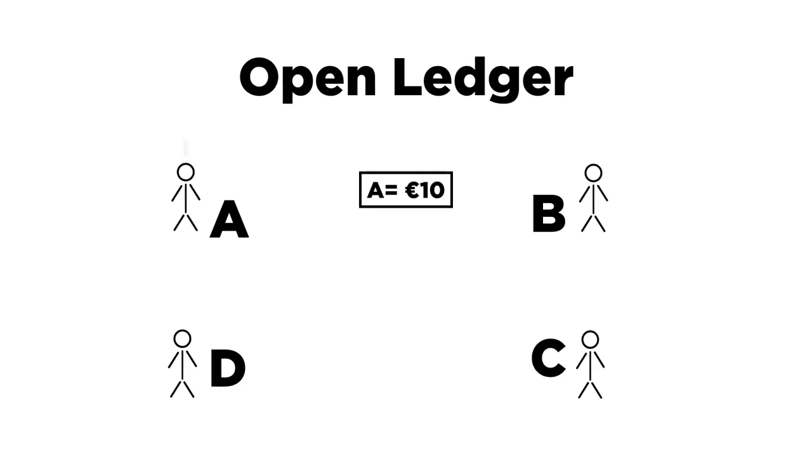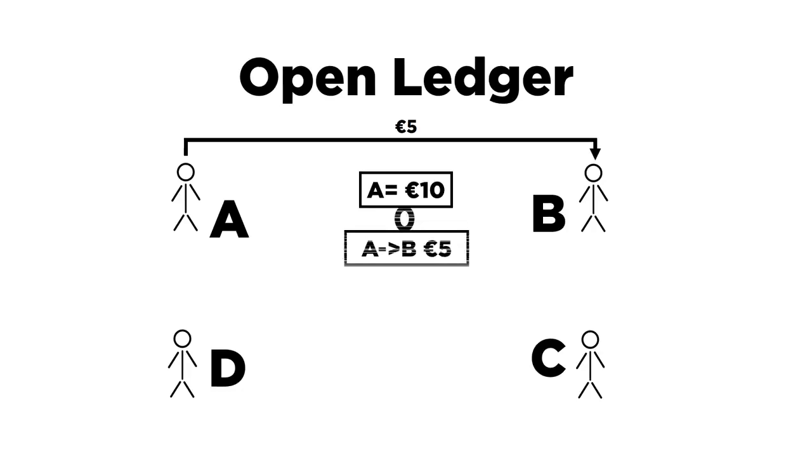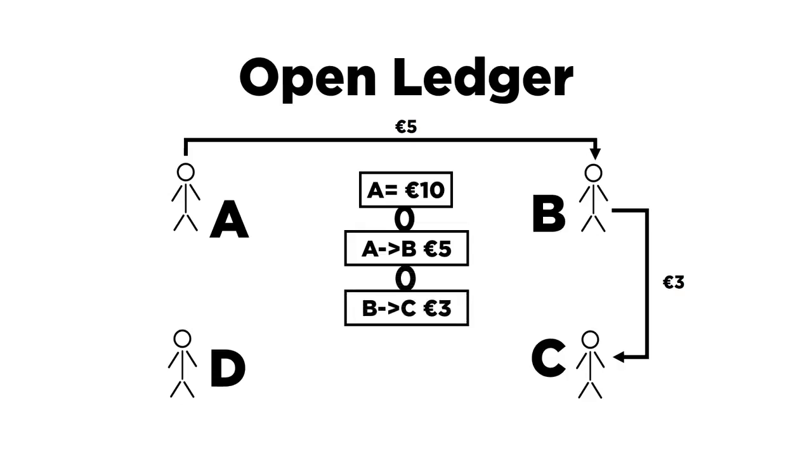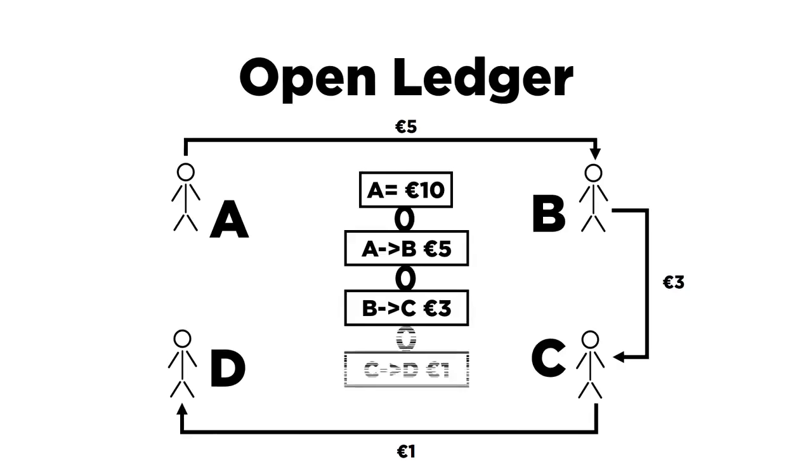Now A wants to send 5 euros to B. This transaction will be added to the current ledger as a chain. Now person B wants to send 3 euros to person C. The previous process will be repeated to add this transaction to the ledger. And finally, C wants to send 1 euro to D, and this gets recorded the same way. This is the concept of open ledger. And the way the transactions are linked one after another is why it's called blockchain.